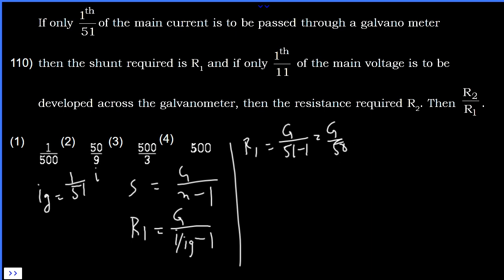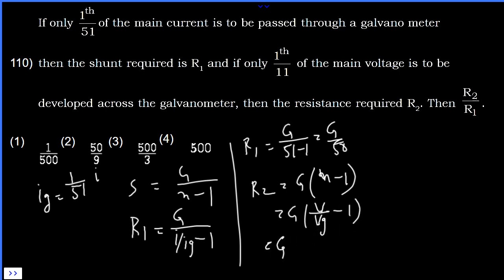But in the second case, 1 by 11th of the main voltage is developed across the galvanometer. So it is G into (V by Vg minus 1), that means G into (11 minus 1), that is G into 10.